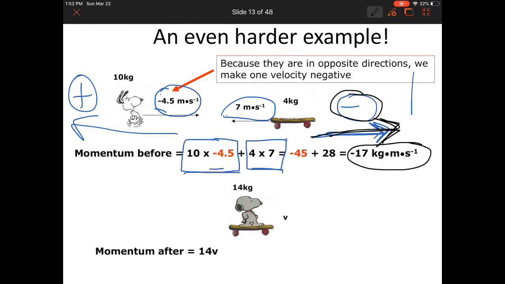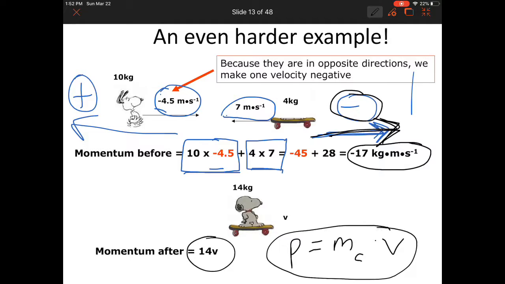The momentum after is, they have a combined mass, right? So the momentum after has to be this sort of combined mass. We'll call it MC, the mass of the combination of the two, Snoopy and the skateboard. So we can use this, no problem. We know that the momentum after has to stay the same.